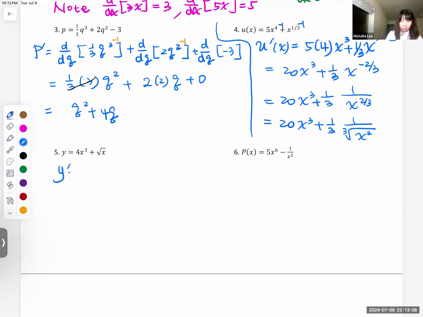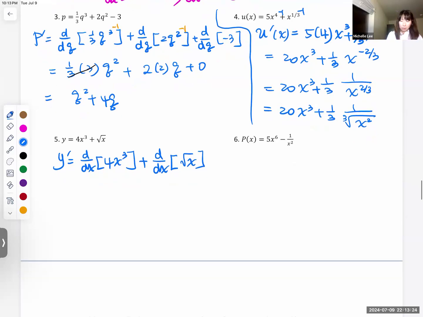y prime, the derivative with respect to x, of 4x to the third plus the derivative with respect to x of the square root of x. We want the derivative. For the first term, we keep the coefficient and drop the power, reduce by 1. So we get 12x to the second power.